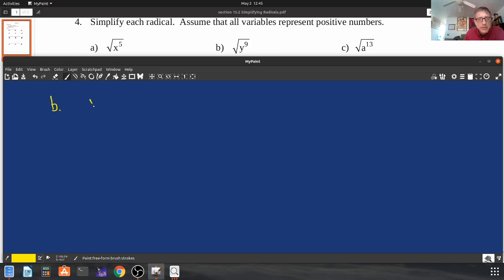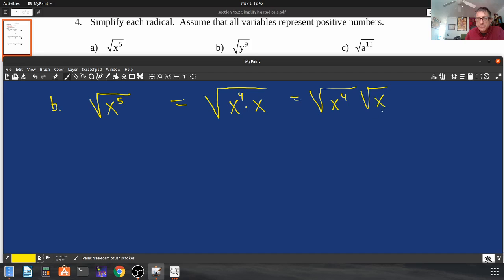So let's look at the square root of x to the 5th. What we're going to do instead is take 5 and subtract 1 from it. So 5 minus 1 is 4, times x. Now I'm going to use the product rule: x to the 4th times the square root of x.